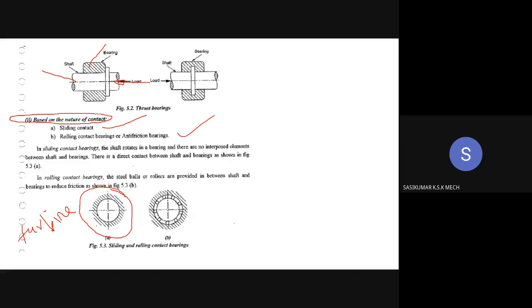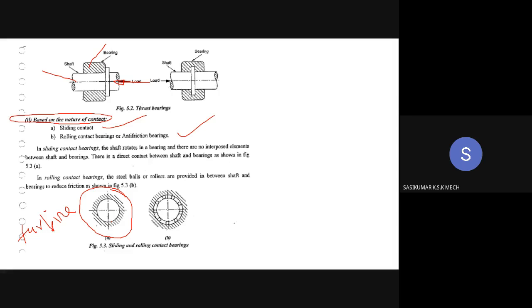To have such a operation, sliding contact bearings are a better candidate than rolling contact bearings. Because in a sliding contact bearing, the rotating element and stationary element are separated by a thin film of oil filled into the gap between the two. So for heavy applications, you have only one choice, that is the sliding contact bearing.